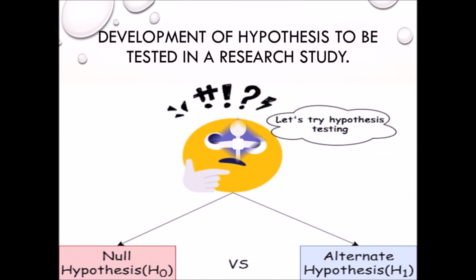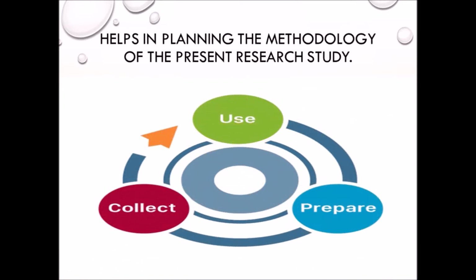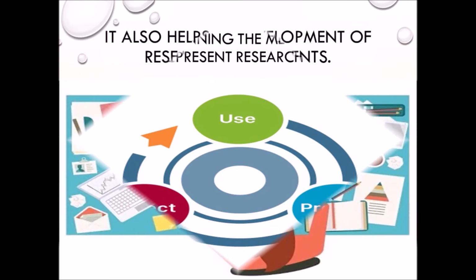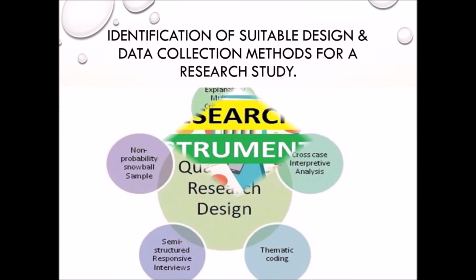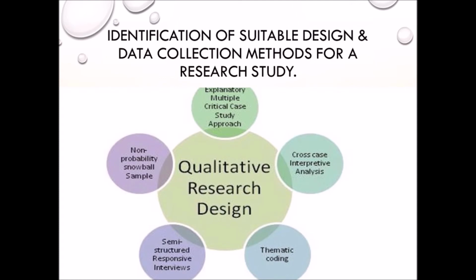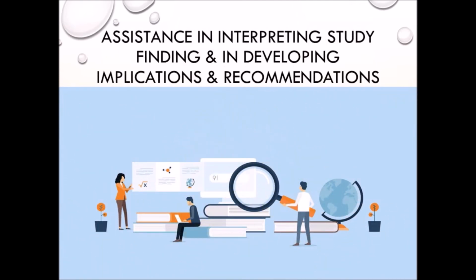It also helps in development of hypotheses to be tested in a research study. It helps in planning the methodology of the present research study, and in development of research instruments. It also helps in identification of suitable design and data collection methods for a research study. It assists in interpreting study findings and in developing implications and recommendations.